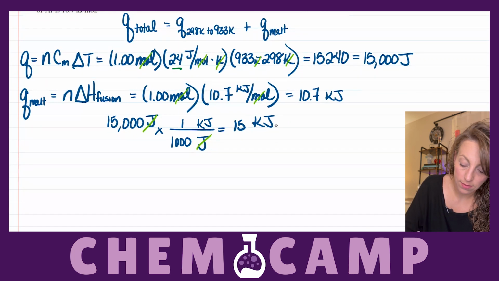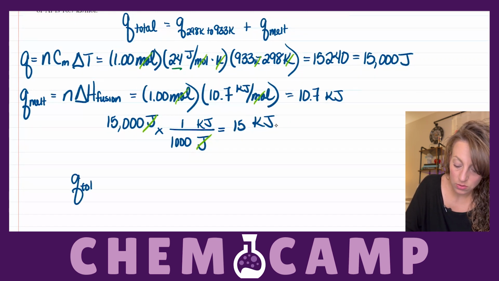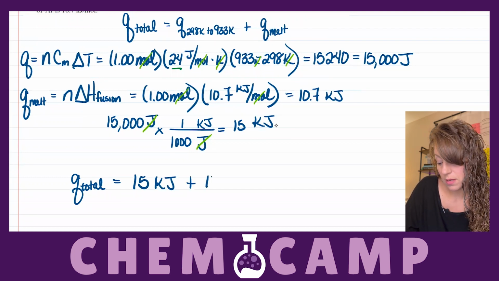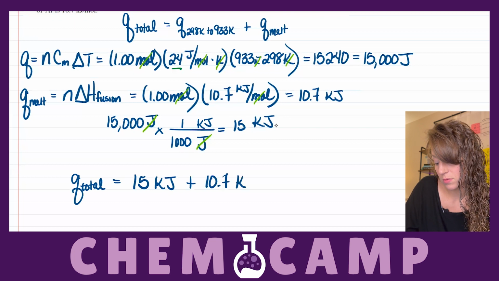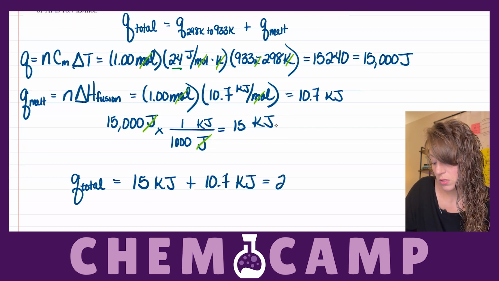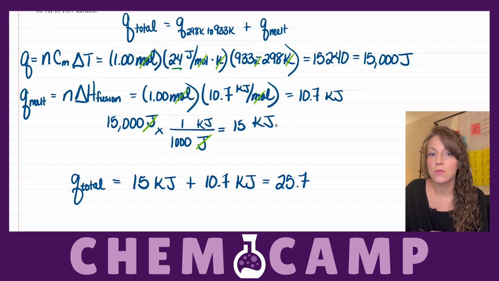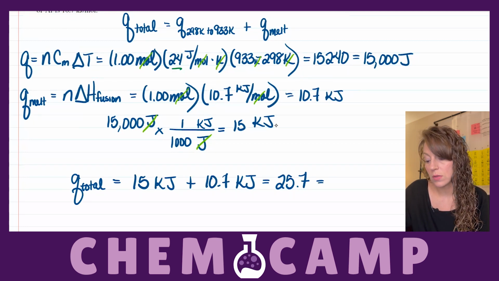So now we can actually total our heat here. We're going to do the 15 kilojoules plus the 10.7 kilojoules, which should give us 25.7. However, since there's no decimal in the 15 kilojoules and we're doing addition here, we can have no decimal in our answer. So we're actually going to round it to 26 kilojoules.